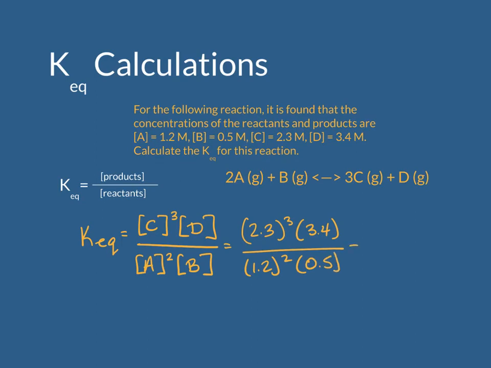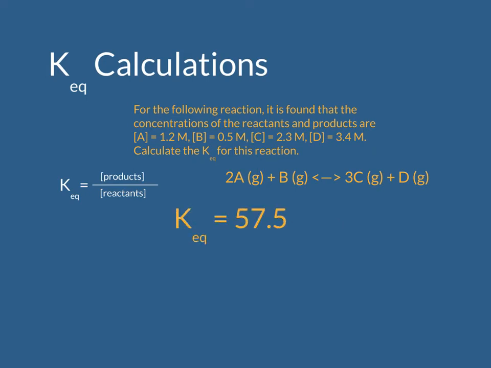So when we calculate this out, we get a KEQ value of 57.5. And do note that our KEQ values, as they are ratios, have no units. Our concentration values will have a unit of molarity or moles over liters, but our KEQ values will not.